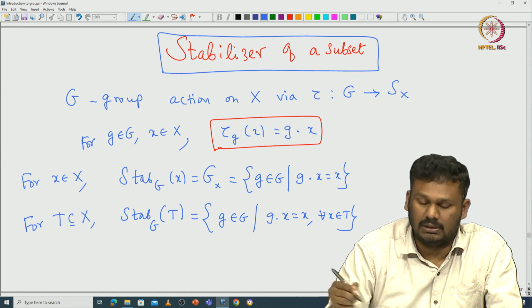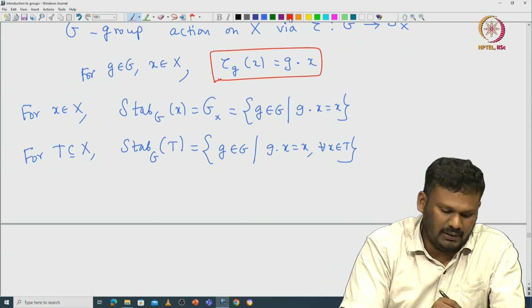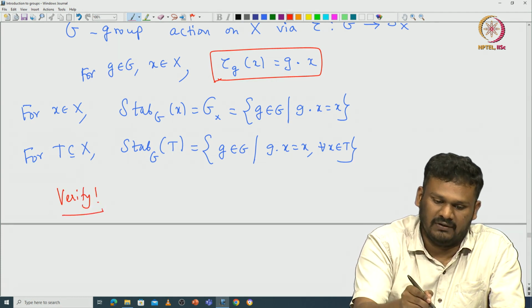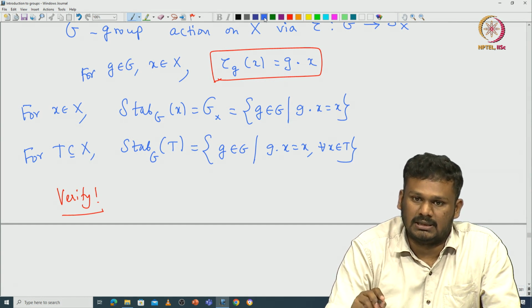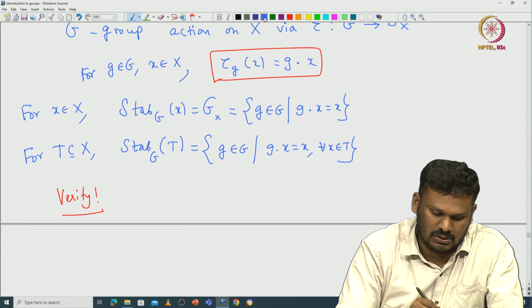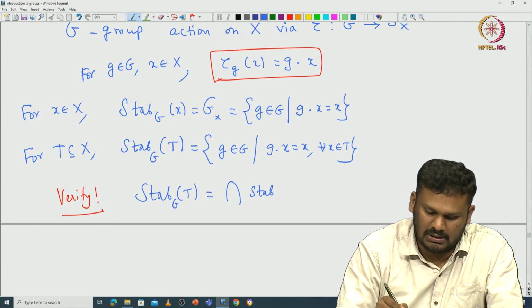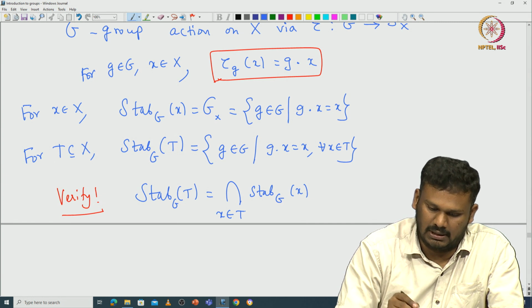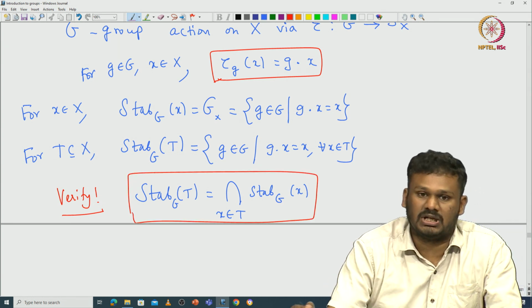So that is called the stabilizer of this capital T. So then it is easy to verify that there is a close relationship between the stabilizer of the subset capital T and the stabilizer of its elements. The stabilizer of capital T is nothing but the intersection of the stabilizers of all these elements that come from capital T. So this is more or less by definition. I will leave it to you to check.